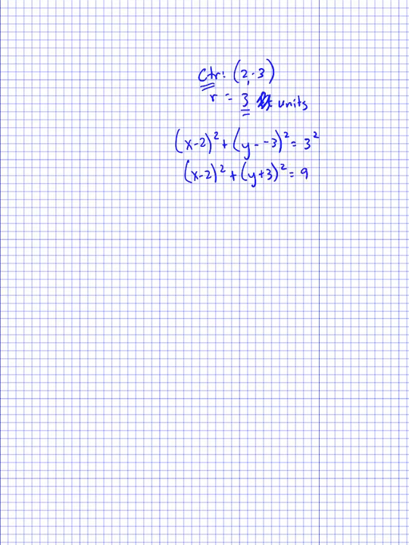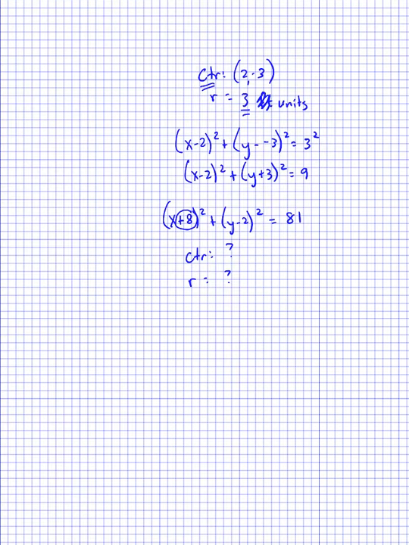Okay. What if we were given this? What if we were given x plus 8 squared plus y minus 2 squared equals 81? And we were asked to find what is the center, and what is the radius. Well, we look at that. Remember, it's x minus h.